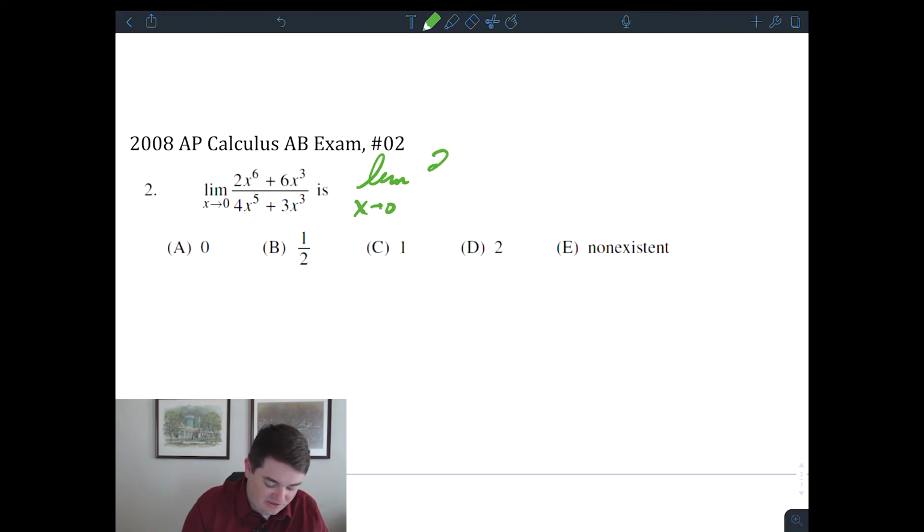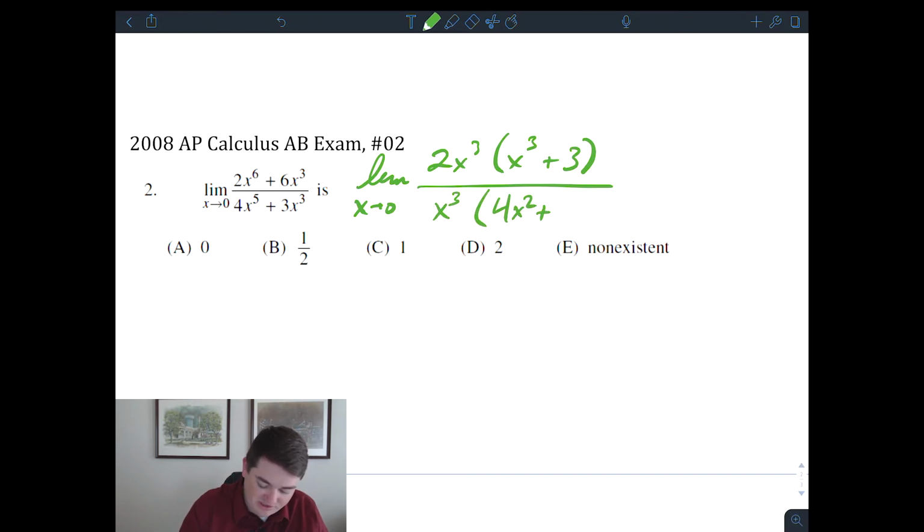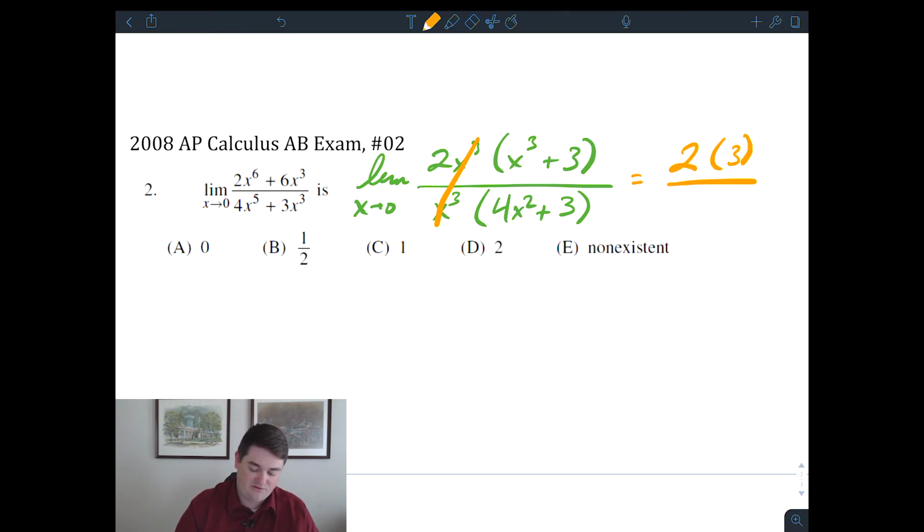I can factor out a 2x cubed on top, leaving me with x cubed plus 3, over, I can factor out x cubed on bottom, leaving me with 4x squared plus 3. The x cubed and the x cubed will cancel. And when I plug in 0 now, I get 2 times 3 over 3. 6 over 3 is 2.